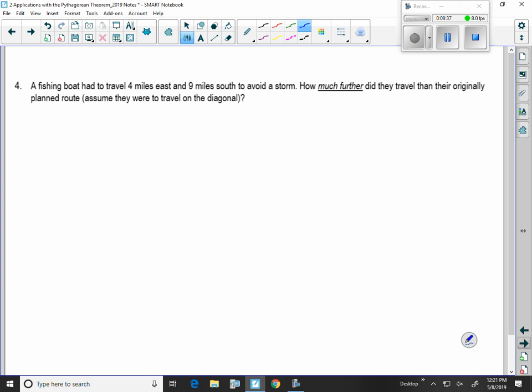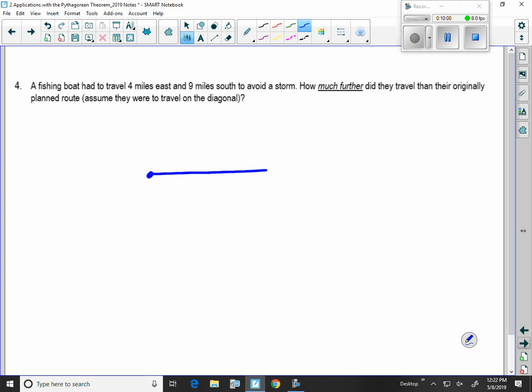All right, a fishing boat had to travel 4 miles east. Show me east. Never eat salty water. Okay, east is here. Let's say east is that way. So this is our starting point here.